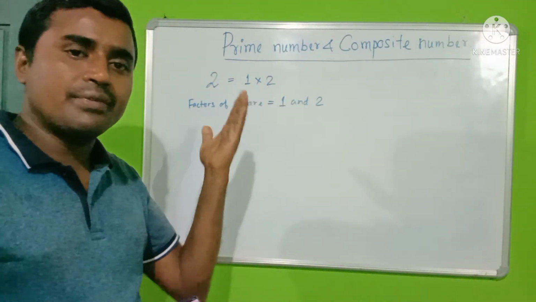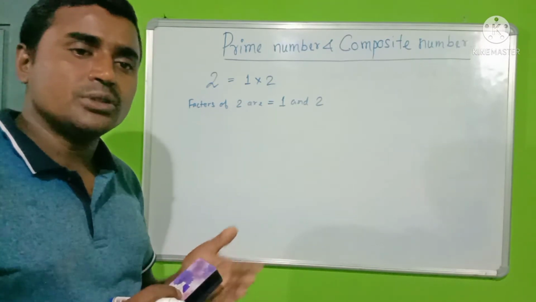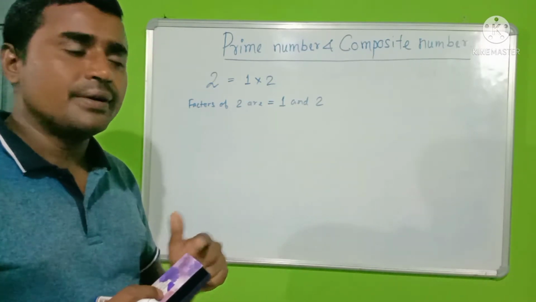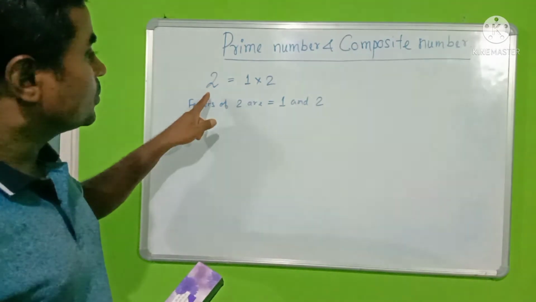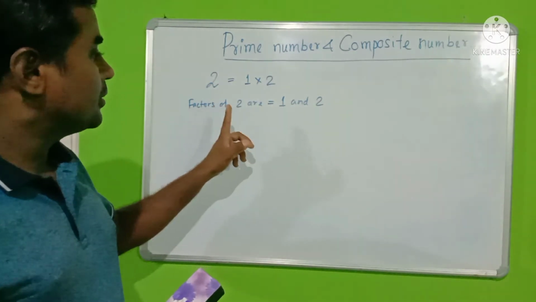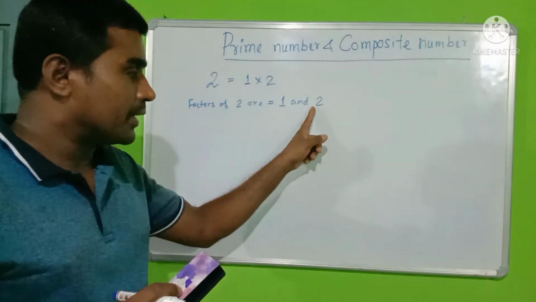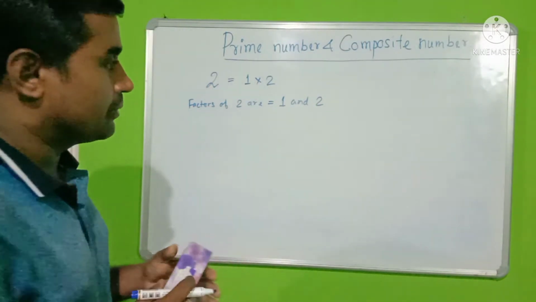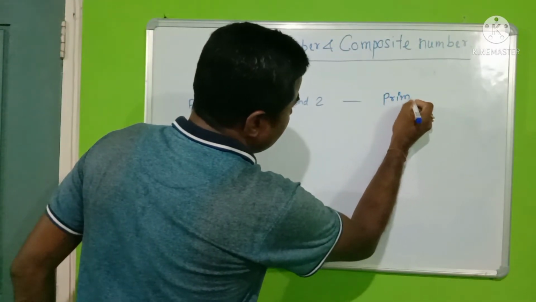So according to the definition of prime number, the number which has only two factors, 1 and that number itself, is called a prime number. So 2 is a prime number because 2 has only two factors, 1 and 2 itself.